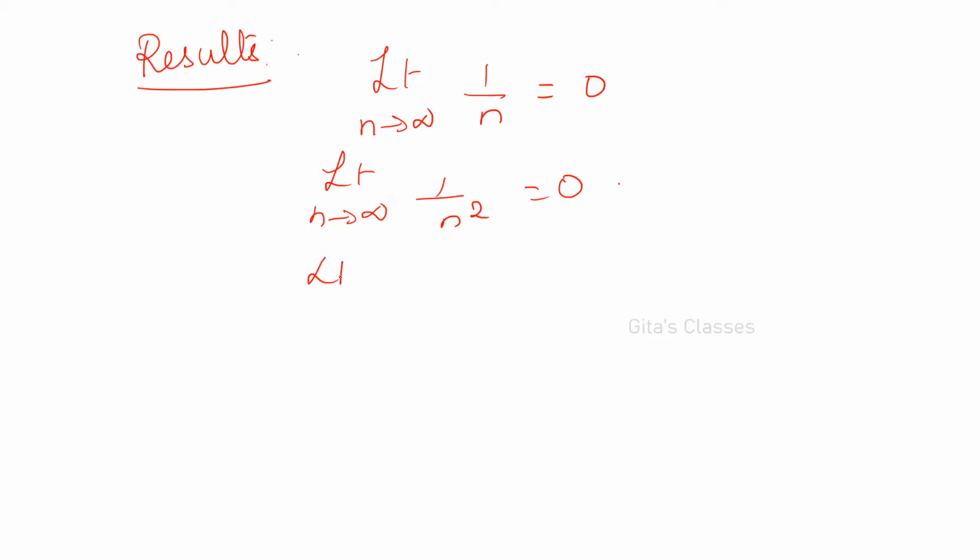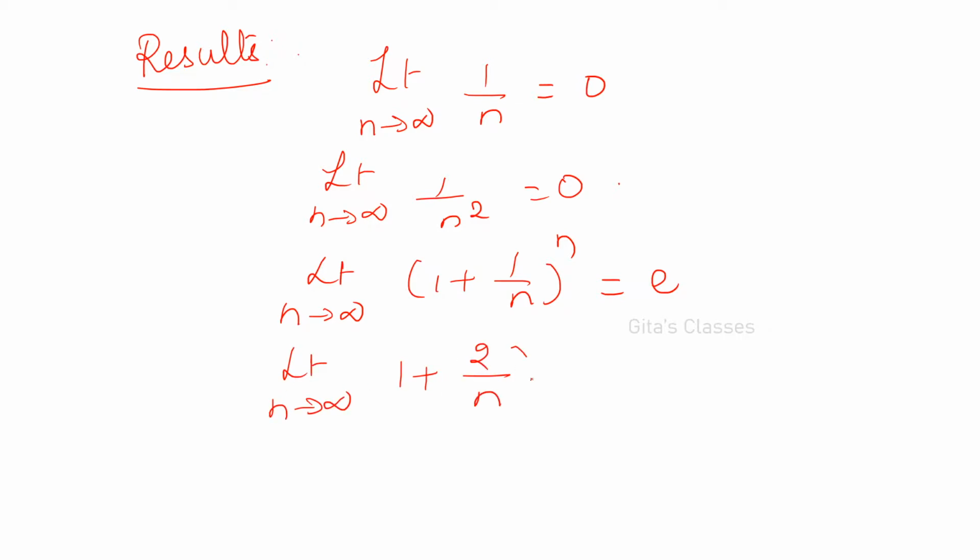And one more result, limit n tends to infinity, 1 plus 1 by n the whole power n is e power 1. And limit n tends to infinity, 1 plus 2 by n the whole power n is e squared. Please remember these results, these are going to be very useful for you.